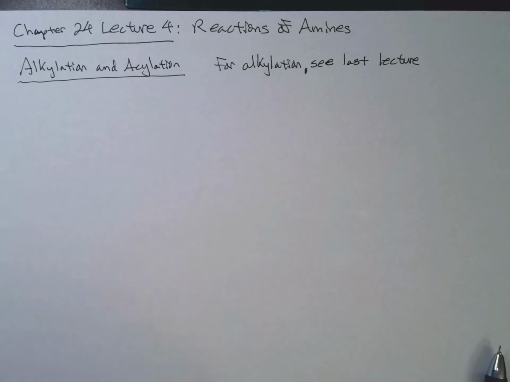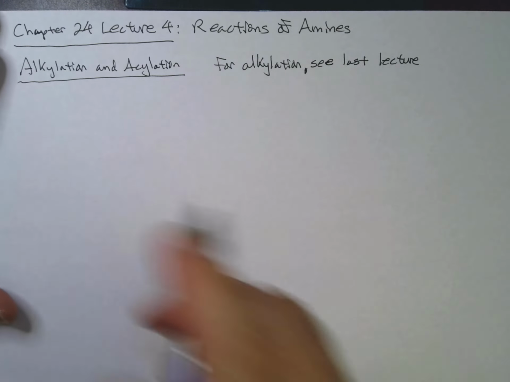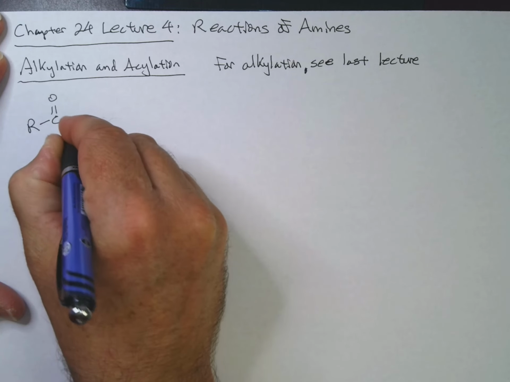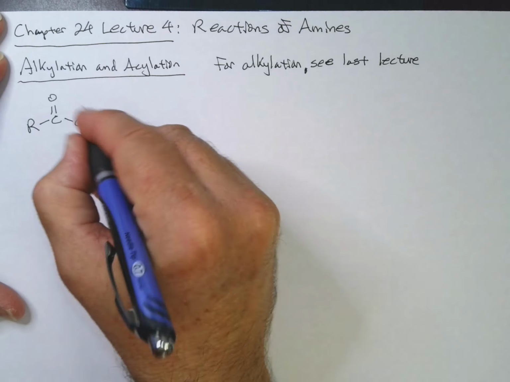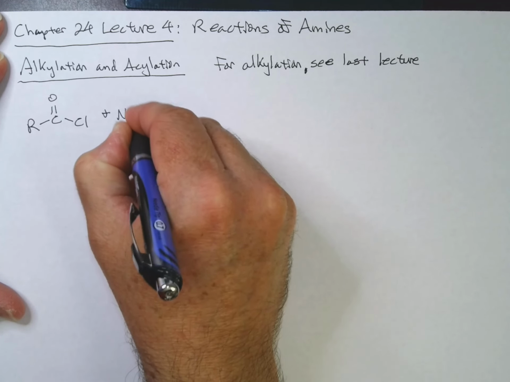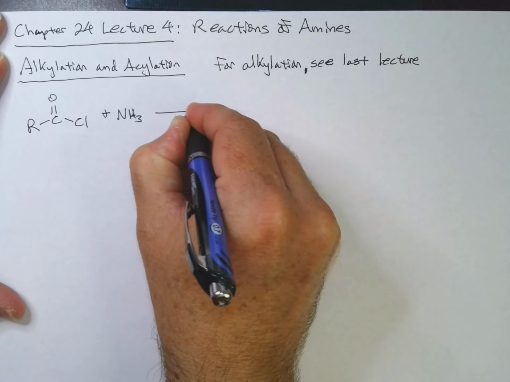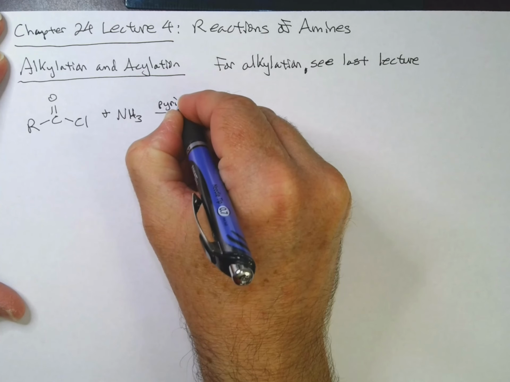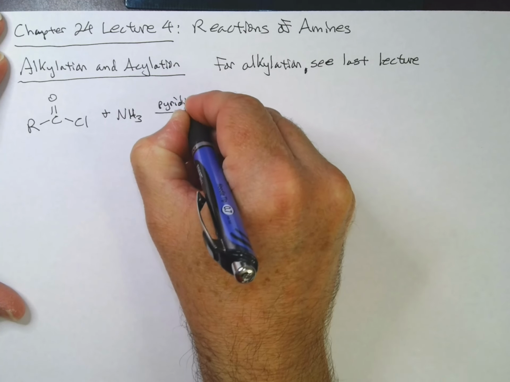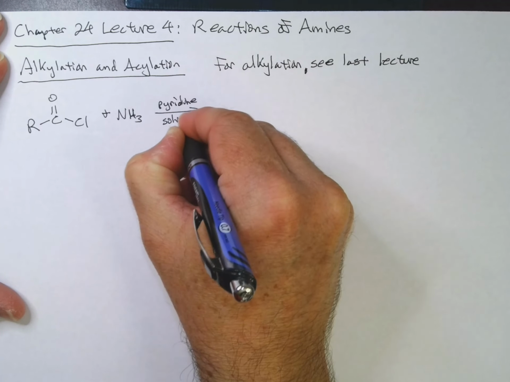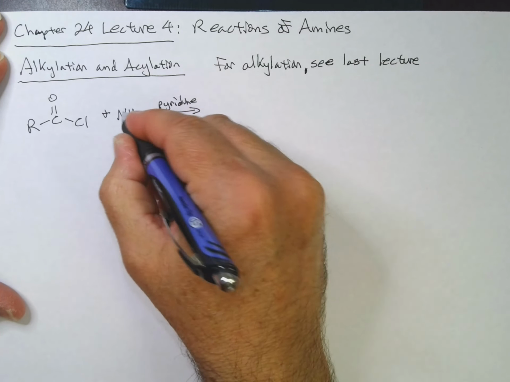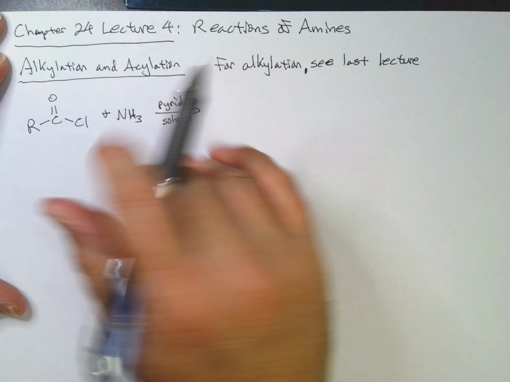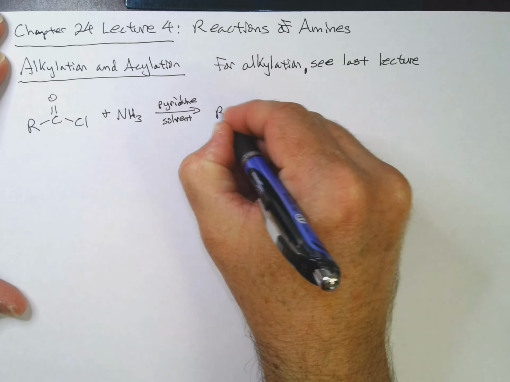Now what about acylation? Well, we saw that a while ago. If we have, let's say, RC double bond OCl, an acid chloride, and we react that with ammonia, and we use some kind of pyridine solvent, or you can do it with excess or two equivalents of ammonia. Basically, you need something that's going to deprotonate things at the end.